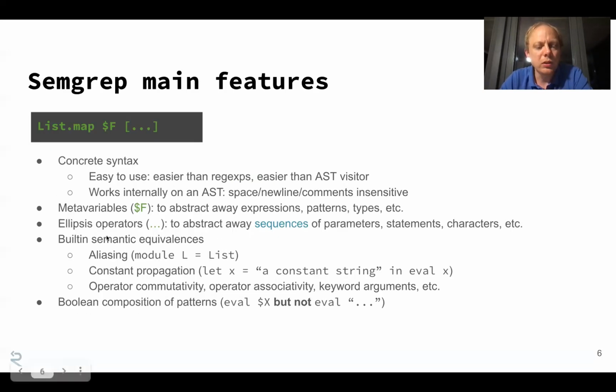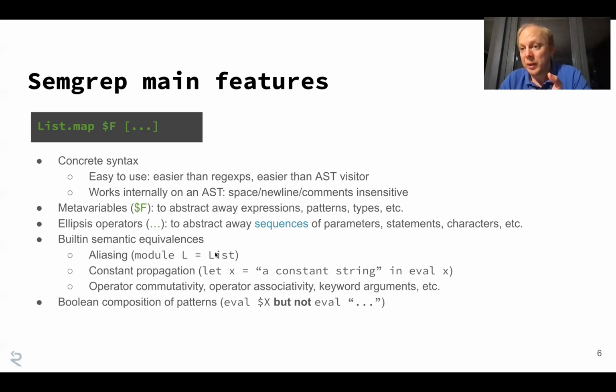Another important feature, and hence the name of Semgrep, semantic grep, is that the tool knows a lot about semantic equivalences of the languages. So, for example, in OCaml, you can call list.map, but some people may have aliased or renamed the module locally with a shortcut, for example, module L = List, and then they will write L.map.